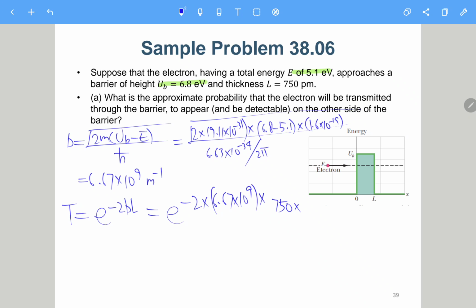Pico is 10 to minus 12. Nano is 10 to minus 9. So this is actually 45 times 10 to minus 6, which means for a million electrons, 45 can go through.